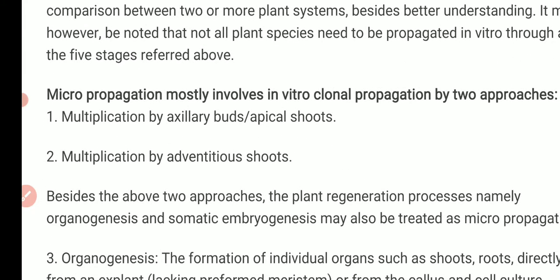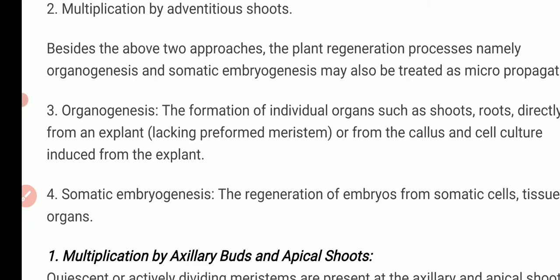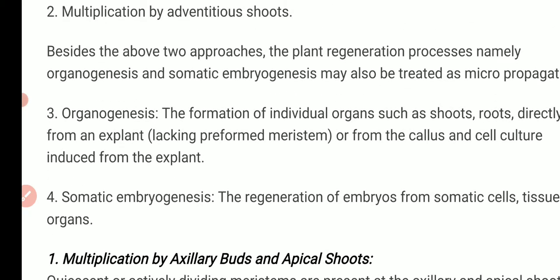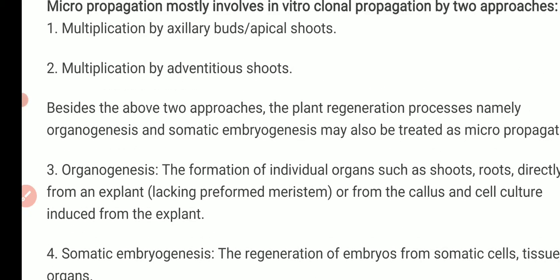So you can perform micropropagation by axillary buds, by adventitious roots, by organogenesis, by somatic embryogenesis. All these techniques we can use to create new clones. Somatic embryogenesis, you remember, right? Organogenesis also you remember, from an organ, like a leaf is an organ.